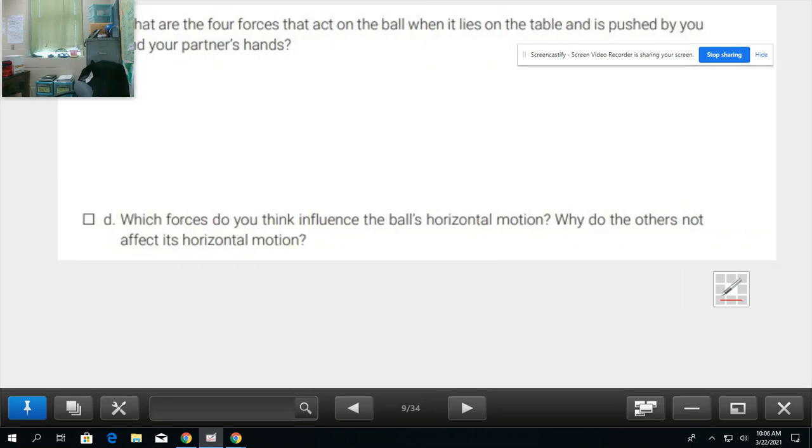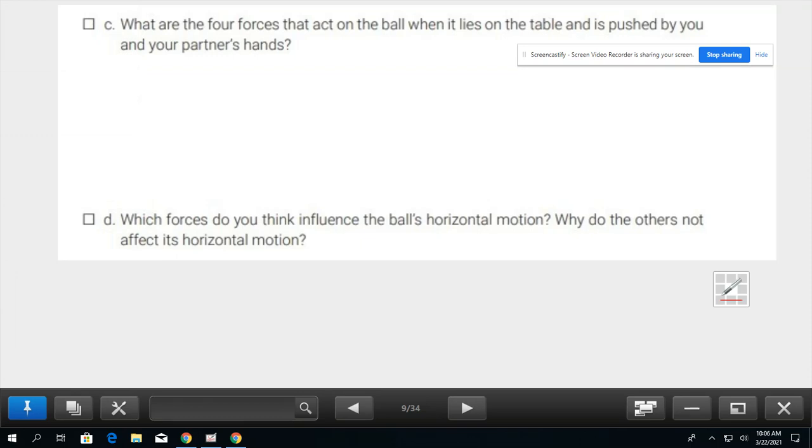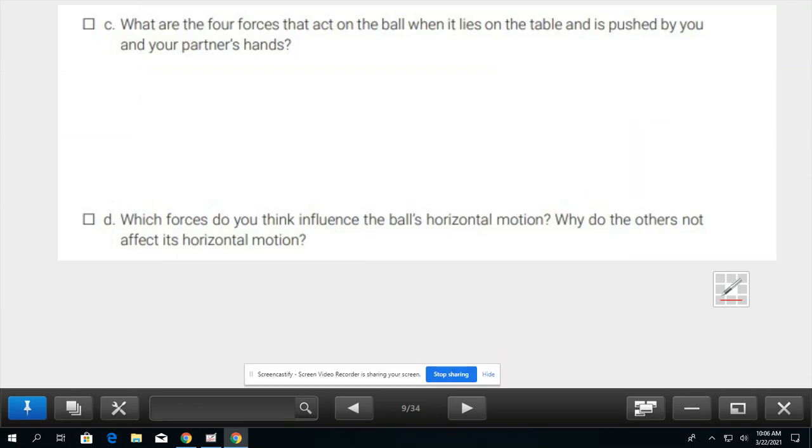All right, so let's take a look at our questions. These questions start on page 33. What are the 4 forces that act on the ball when it lies on the table and is pushed by you and your partner?